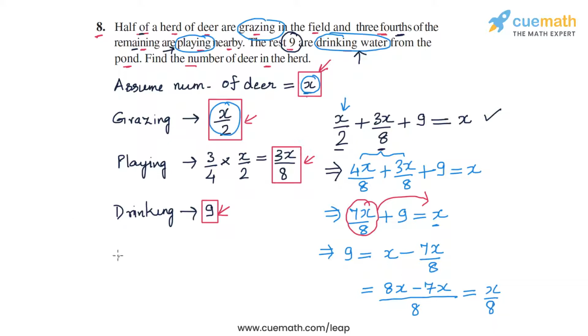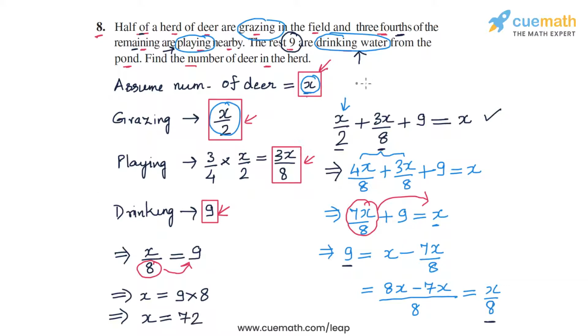So let's rewrite what we have so far. I have 9 on the LHS and x by 8 on the RHS. So let me write it as x by 8 on the LHS and 9 on the RHS. Now all I need to do is take this 8 and cross multiply it to the right side, and that will give me x is equal to 9 into 8, or x is equal to 72.